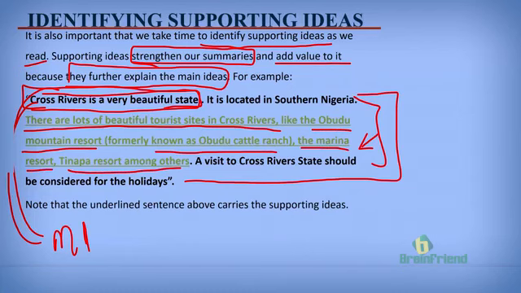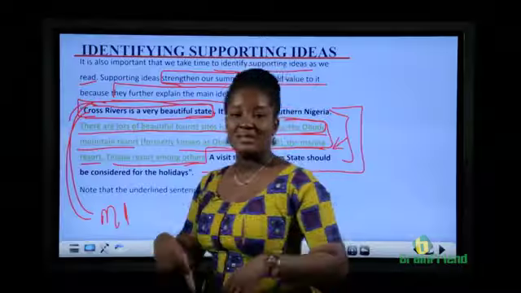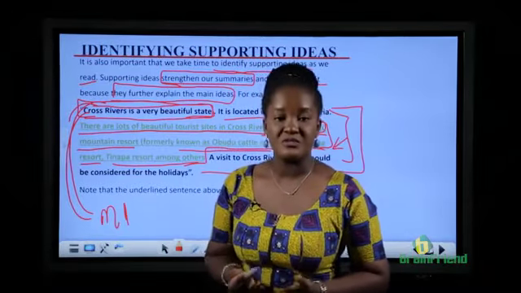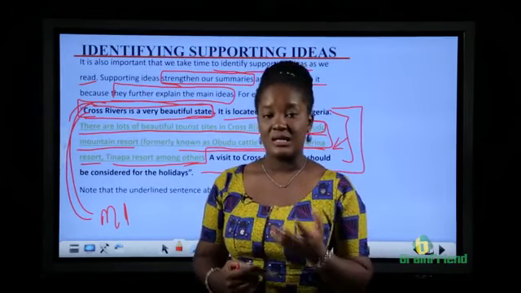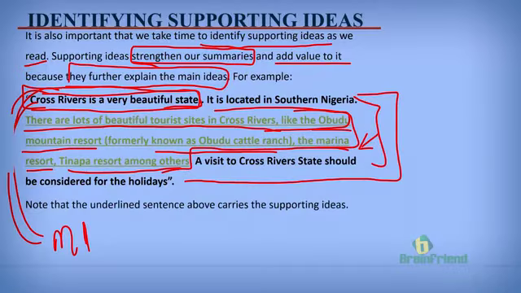If you look closely at these colored sentences, you'll find that they tell us what we can find in Cross River State that make the state beautiful, or that has made us say the state is a very beautiful state. We listed them here: the Obudu Mountain Resort, the Marina Resort, Tinapa Resort.